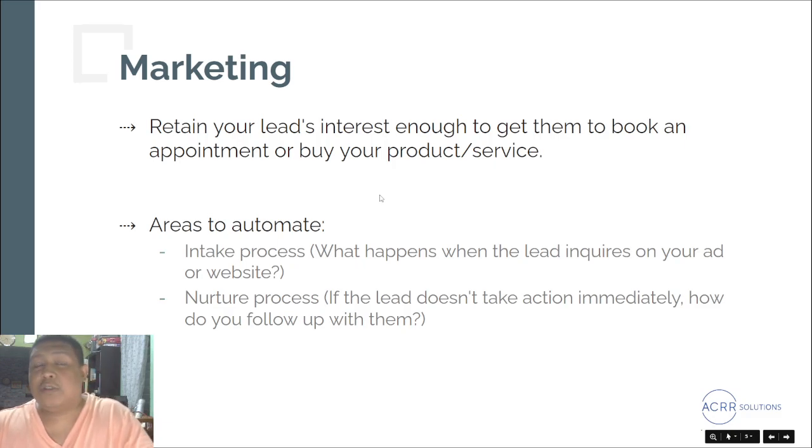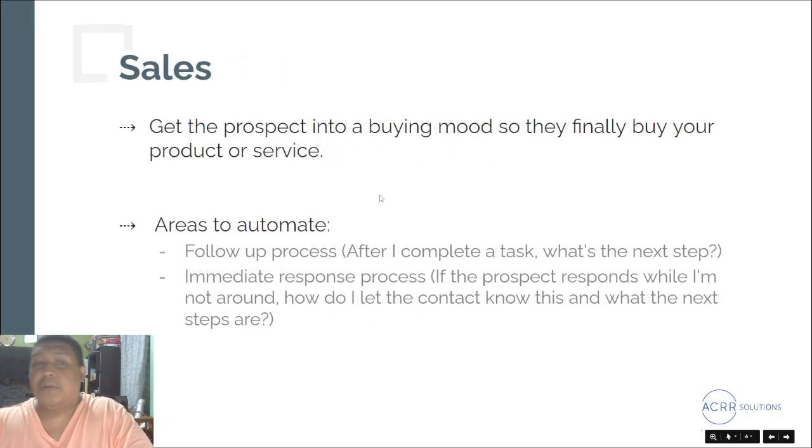Let's move on to the area of sales. So the area of sales is where more human activity is involved. I often tell my clients, because sometimes I do have clients telling me, hey, can we automate a lot of the processes in our sales process.